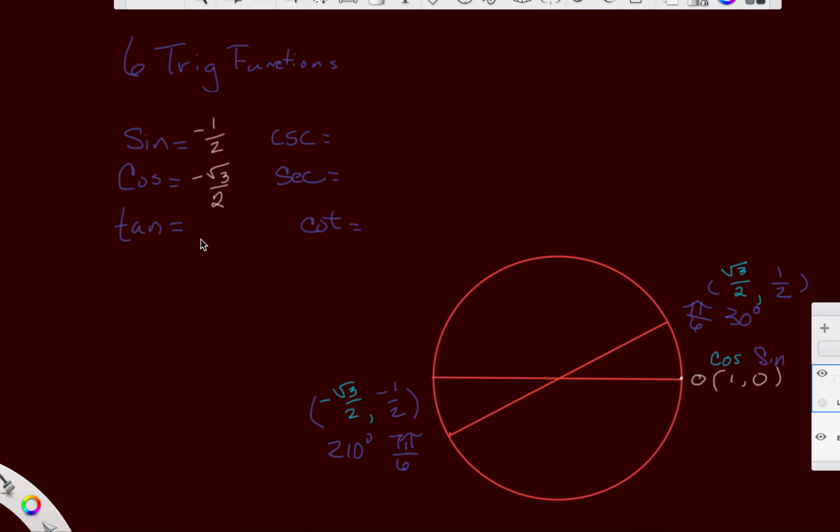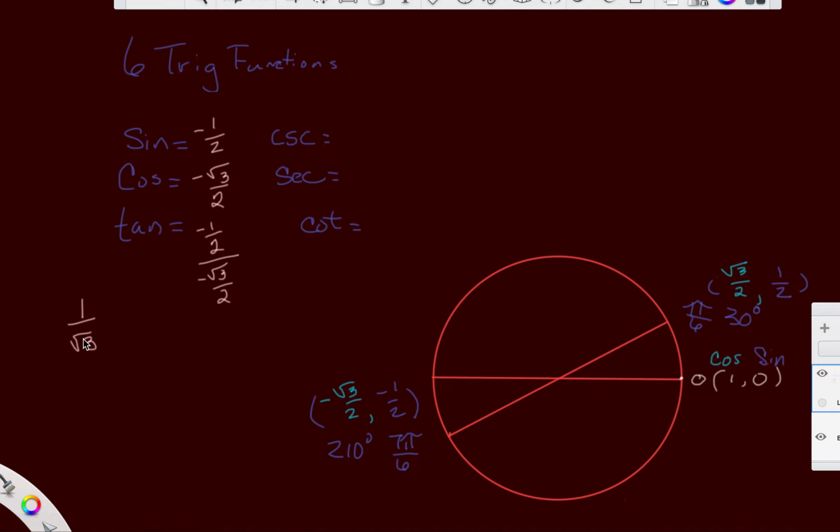So we have tangent, which would be positive. It's basically negative 1/2 divided by negative root 3 over 2. And of course, I'm going to do the math way down here. When you divide, you would end up with 1 over root 3.